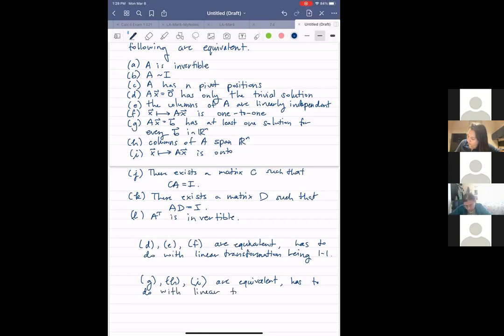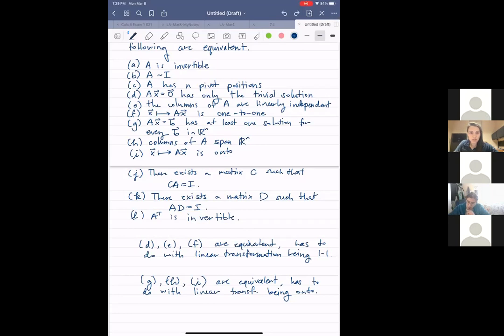So G says that this equation AX equals B has at least one solution for every B. H says that the columns of A span R^n. That was equivalent to being not 1-to-1. That was equivalent to being onto. And then of course, I just says that the linear transformation is onto, right?